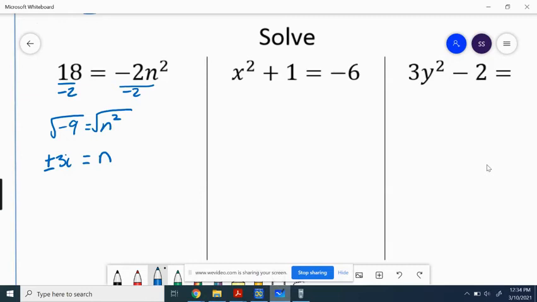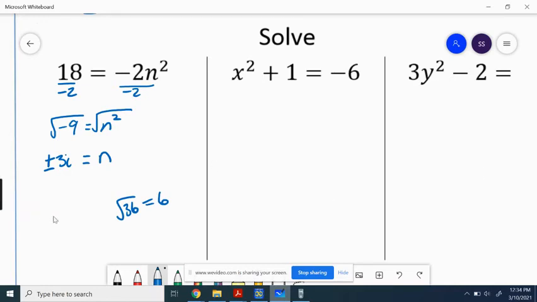So for the first example we looked at, we were finding the square root of +36, and that is referring to the principal square root, which is always going to be positive. But when we introduce the square root symbol into our equation, we need plus or minus.